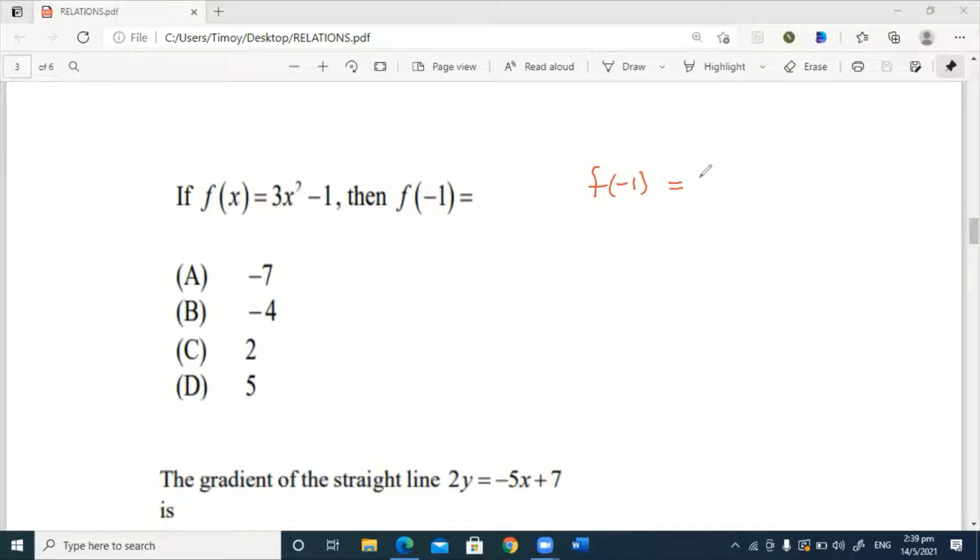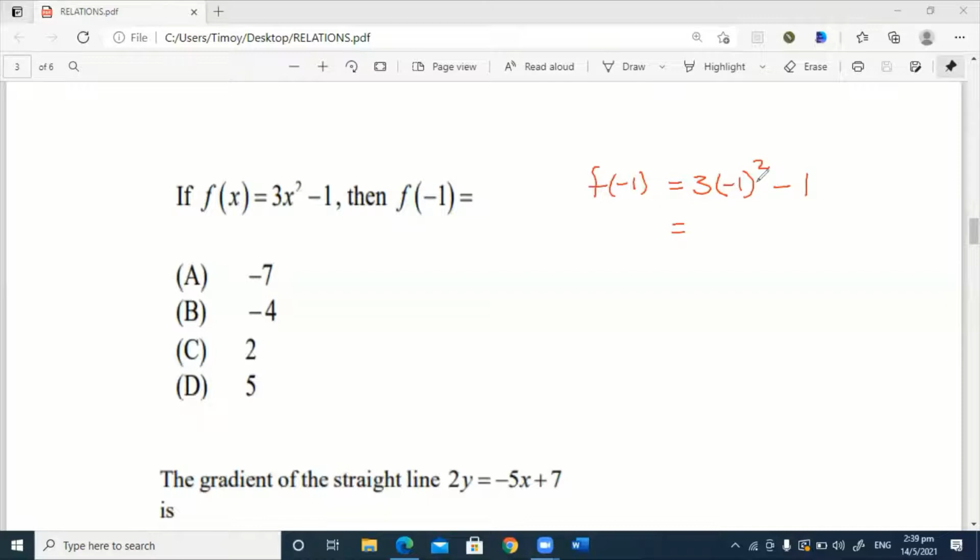So it's going to be 3. When you're doing the substitution, you must use a bracket. So it's going to be bracket, replace the x with -1. Remember to put back your square and put your subtract 1. Then you're going to simplify using your order of operations. So we must do the bracket part first.